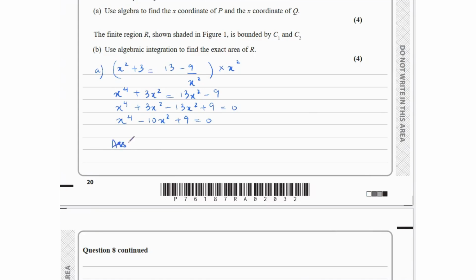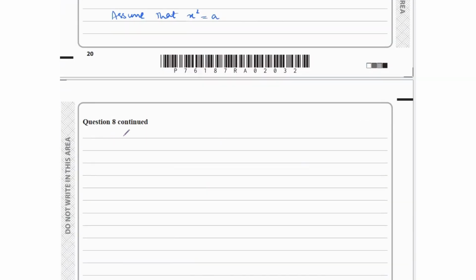I'm going to assume that x squared equals a, which means it's going to be a squared minus 10a plus 9 equals 0. Now we're going to solve this quadratic equation for a first.